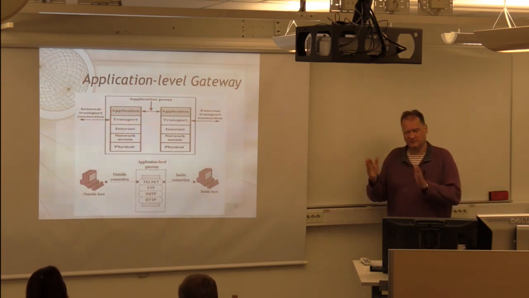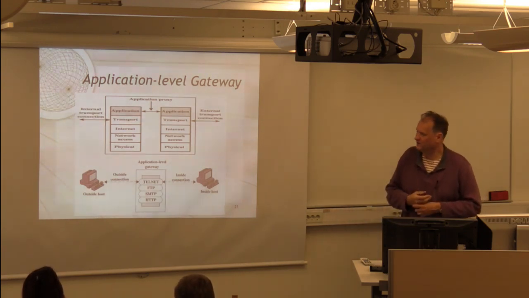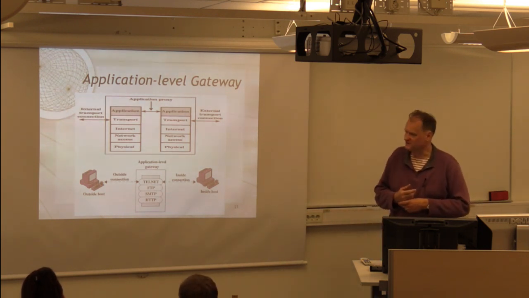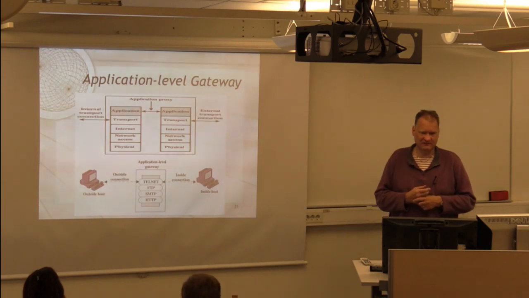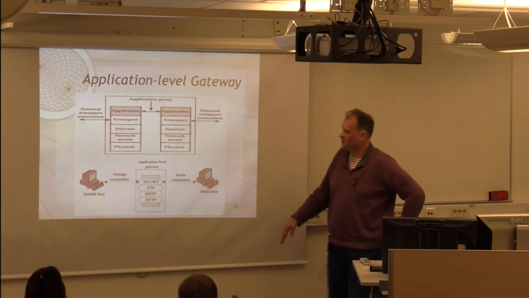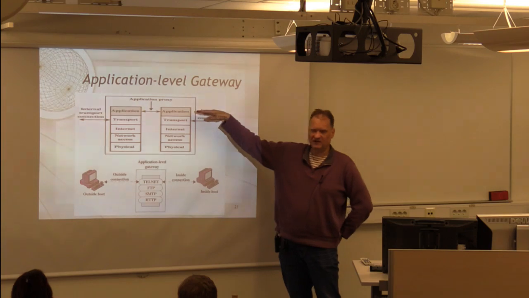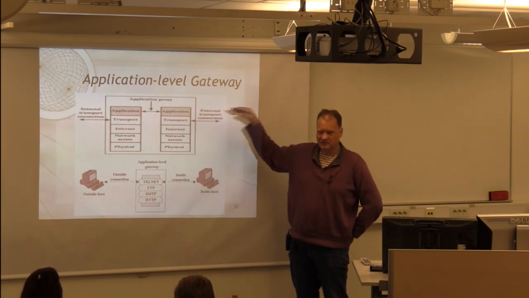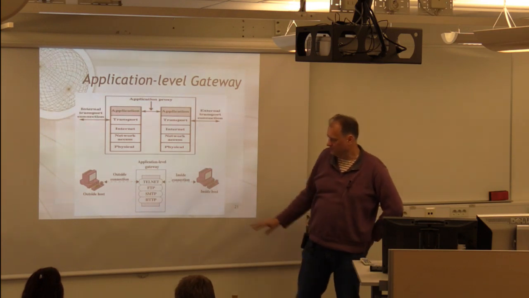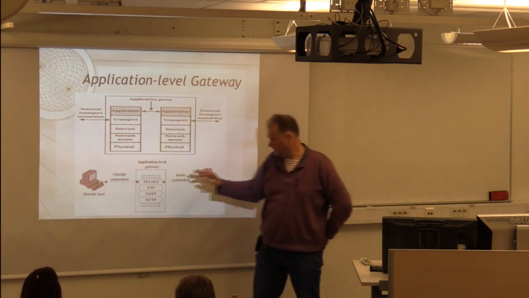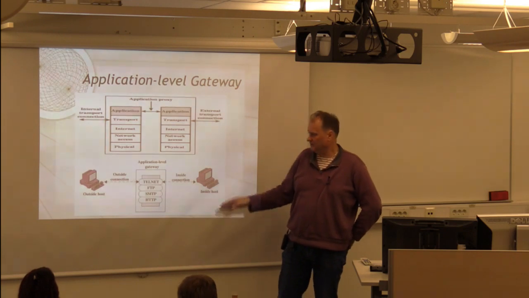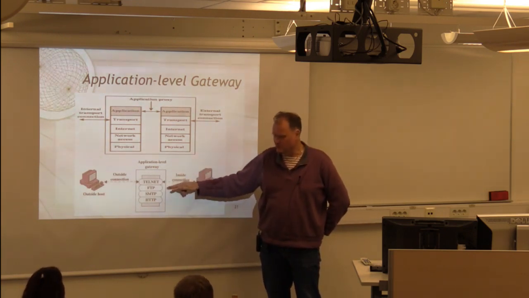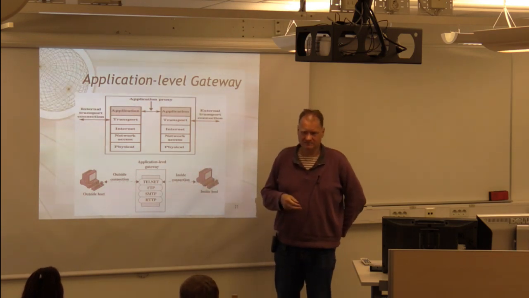Now we move on to the second type of firewall, which is called application level gateway. And as you see, this is quite different from packet filtering, because now we are typically working at the application level of the protocol stack instead. Which means that we still have an outside host, an inside host, and the firewall here, but now the firewall knows about different application level protocols.